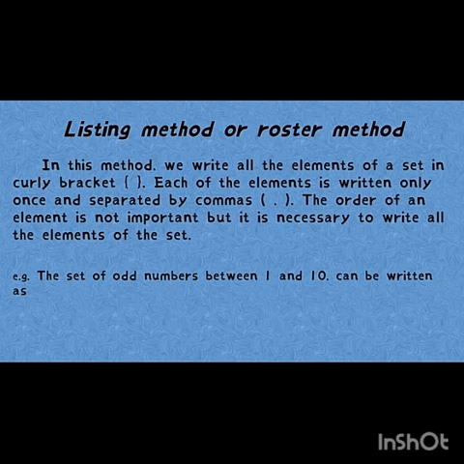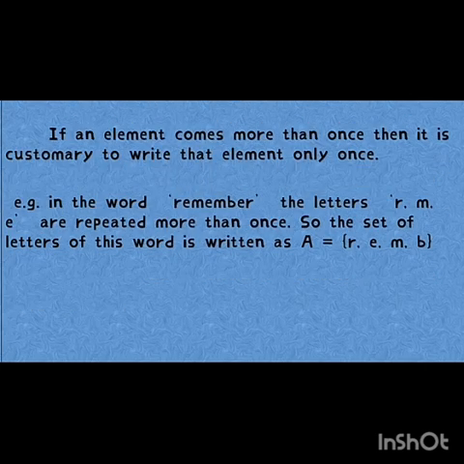Let's see some examples. The set of odd numbers between 1 and 10 can be written as A is equal to, in curly brackets, 3, 5, 7, 9. Like this we will write. If an element comes more than once, then it is customary to write that element only once.